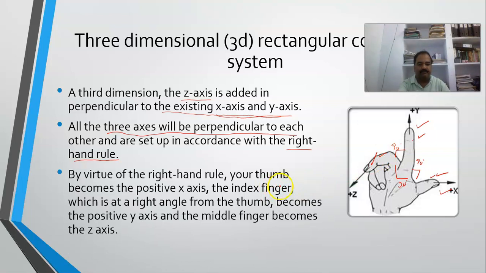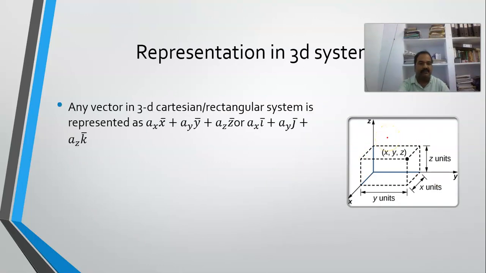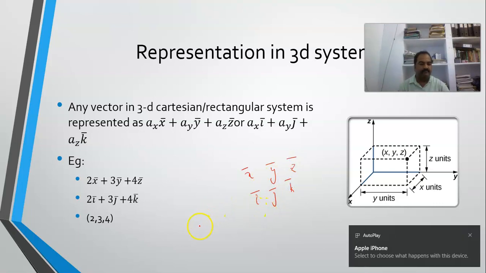Now, this is the representation in a 3D system. In a 3D system, as already said, there are three coordinates: x direction, y, and the other one is z. And I may sometimes use i, j and k also. If you carefully see here, let us suppose A is a vector given by 2, 3, 4.